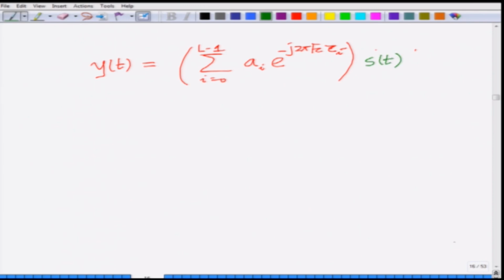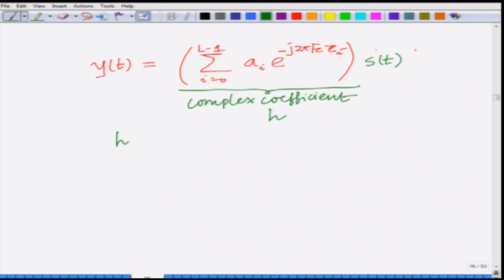Since S of t can be taken common from this expression, you can now see this is a complex coefficient. Let us denote this by h.